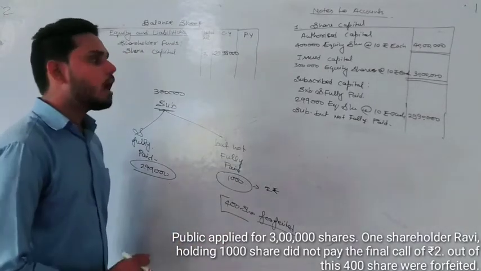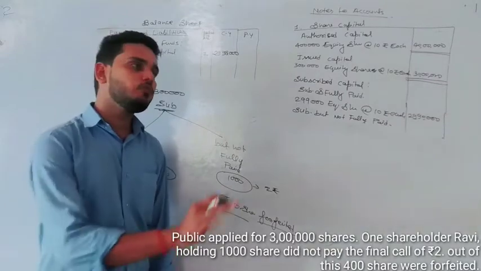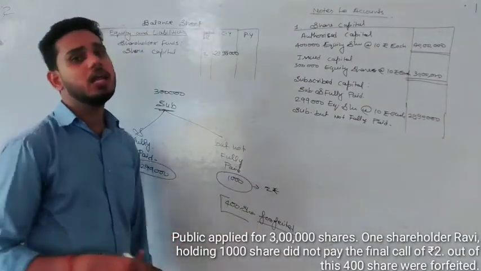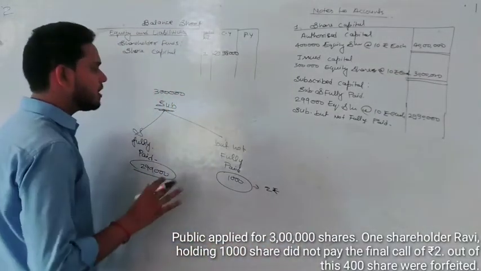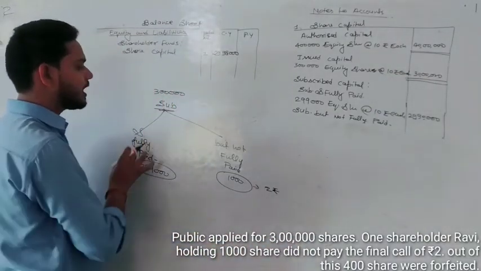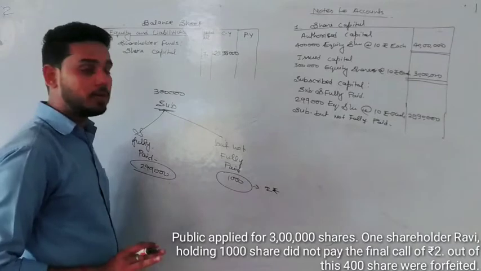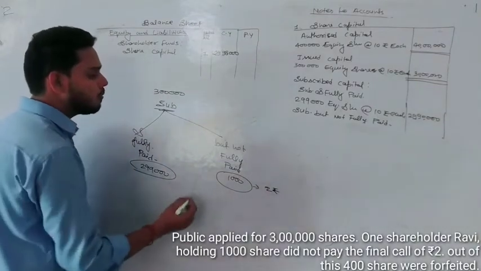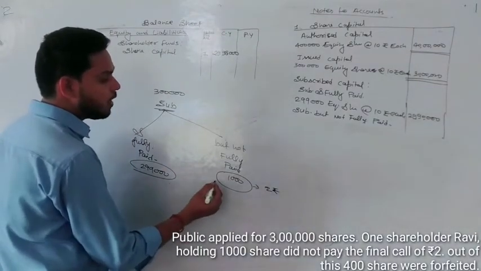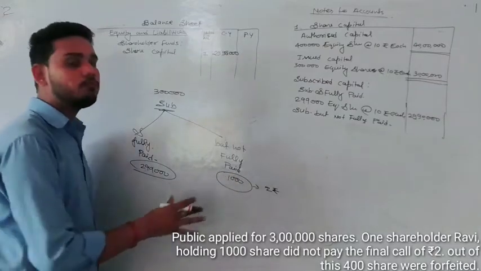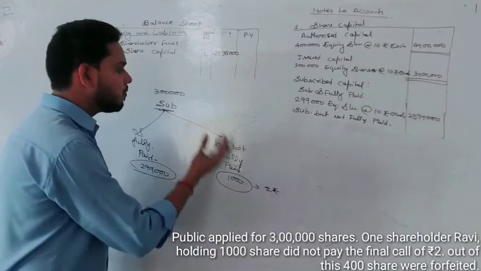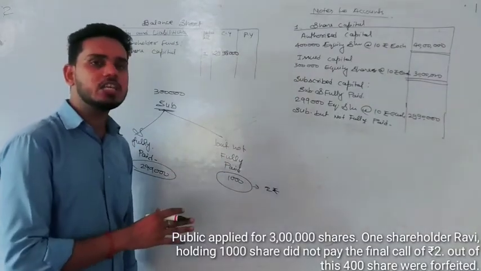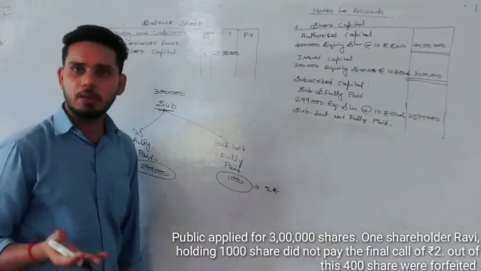Now let's see how we make the presentation if the company makes some forfeiture from those calls in arrear. First we will make the classification: subscribed and fully paid, and subscribed but not fully paid. From the subscribed but not fully paid, you have to split into two categories. First, money is not received but the shares are not forfeited by the company.